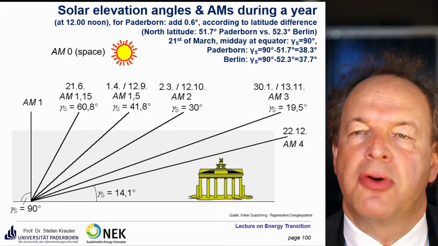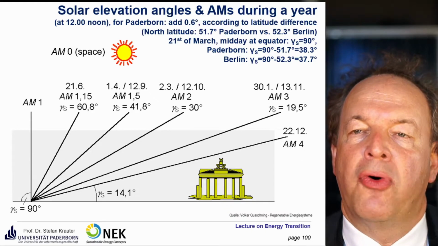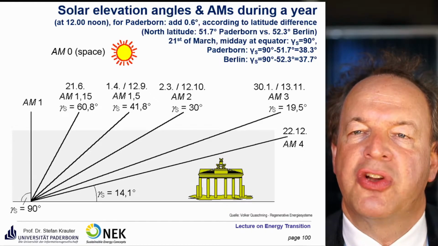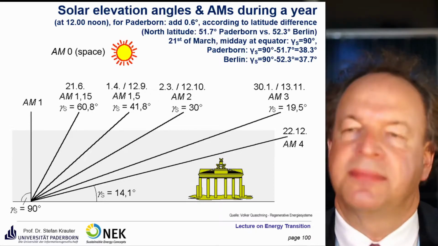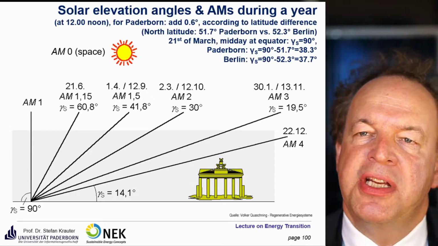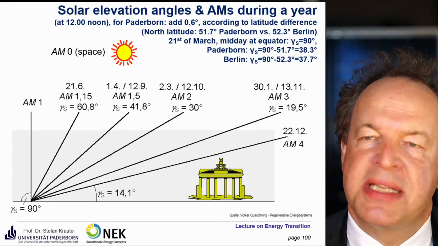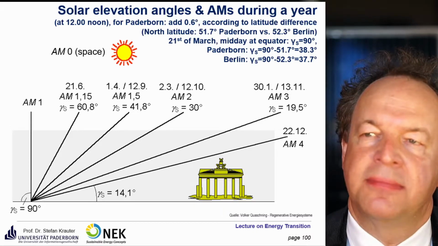Also, you have to add 0.6 degrees for all the other angles, for example, the 21st of June, so it's 61.4 degrees then. We have an expression here called AM, air mass. I will explain in the following.